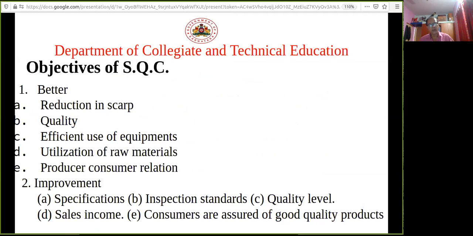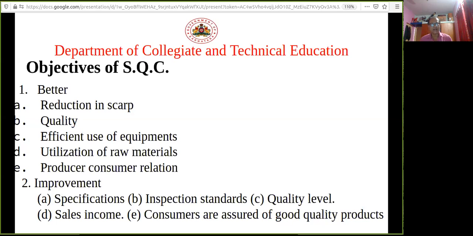There are many objectives of SQC. It's a very important aspect in statistical quality control. There you can see there are 5 points. The first point, A, says better reduction in the scrap.